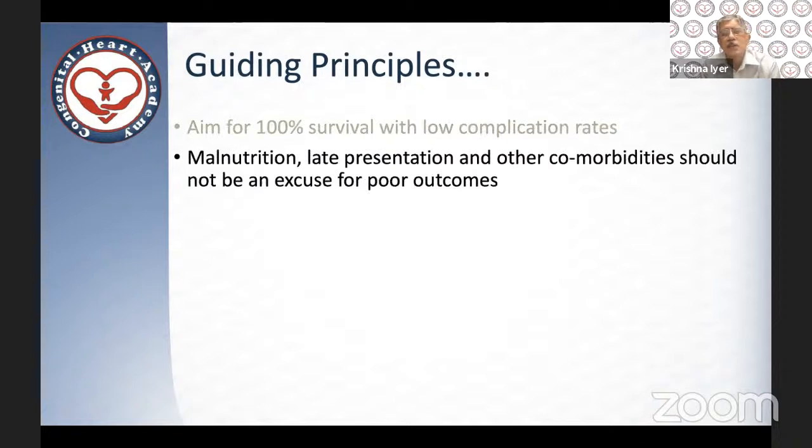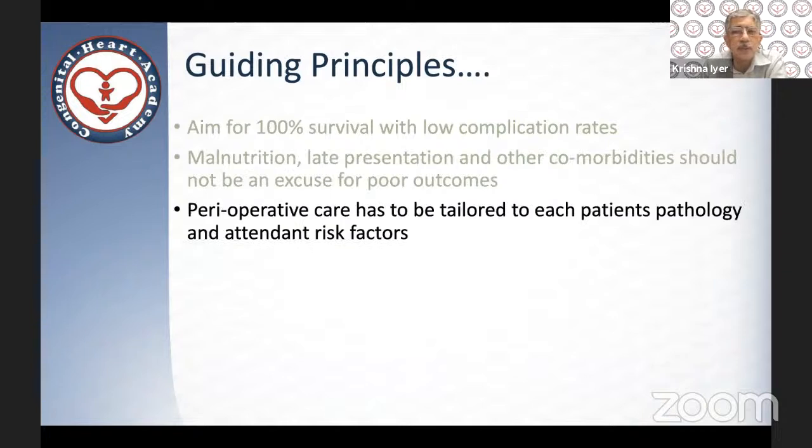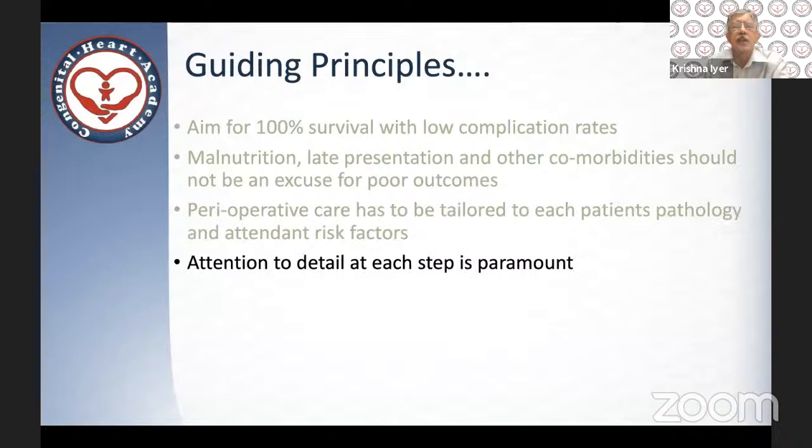Malnutrition, late presentation, other comorbidities should not be an excuse for poor outcomes. We've learned how to deal with them, and we have learned how to negate the impact of this as far as survival is concerned. Perioperative care has to be tailored to each patient's pathology and attendant risk factors. So each patient has to be analyzed with a view to what the potential complications can be, and they need to be addressed.